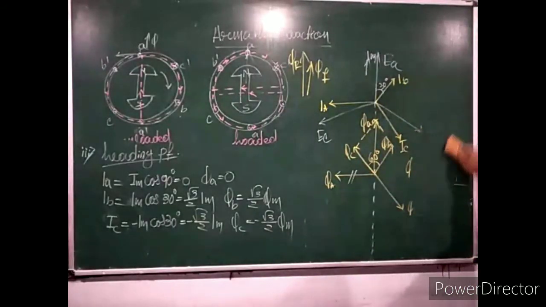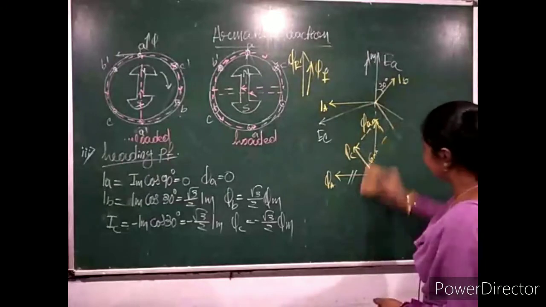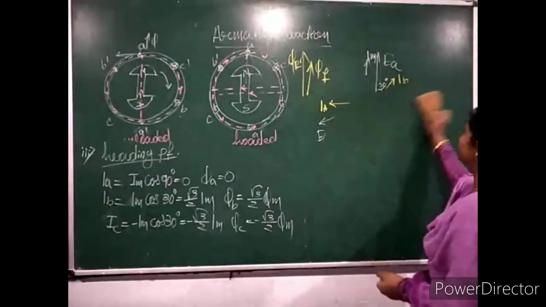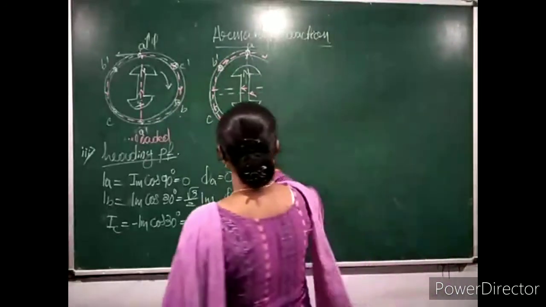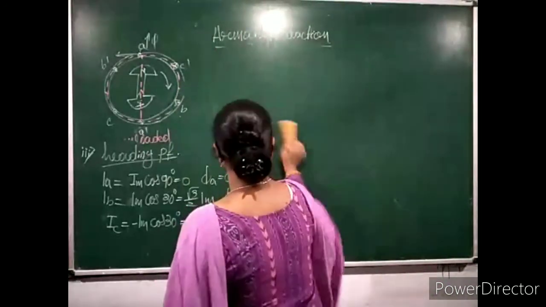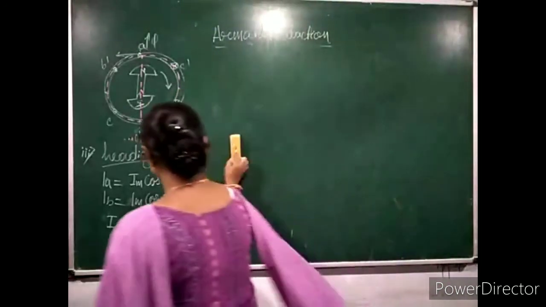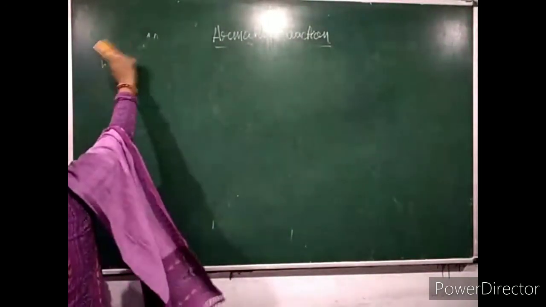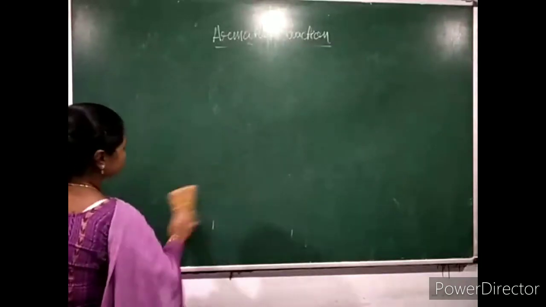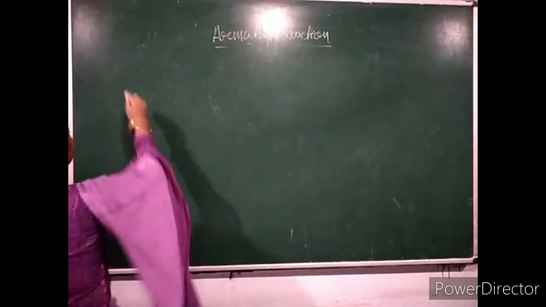Clear? So here, after discussing this, you are very clear what is armature reaction and what is the effect of load on the armature reaction. So here we now see the conclusion part.